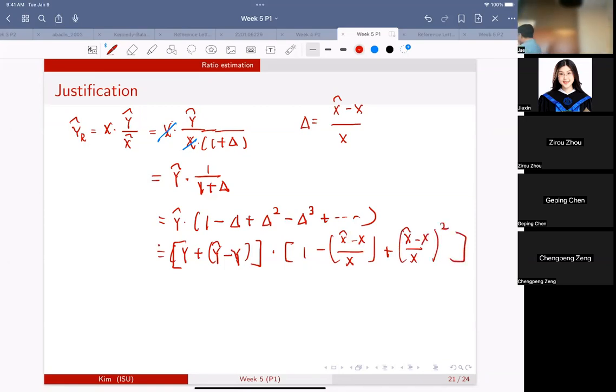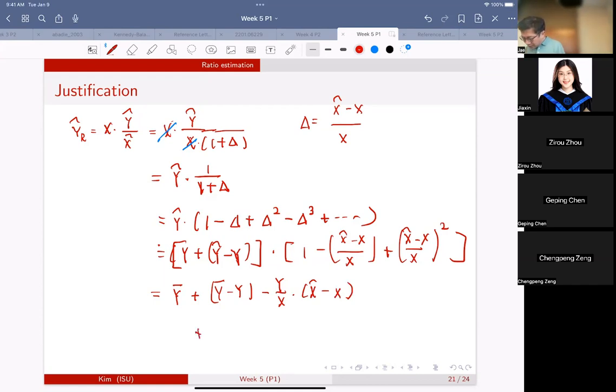Okay, so I now have an expansion. This is a second order expansion. The constant term is this one, and the first term is y hat minus y minus x over y times x hat minus x, right?